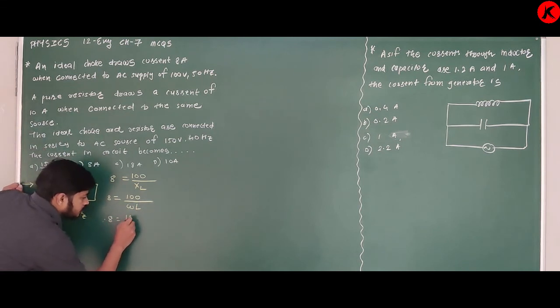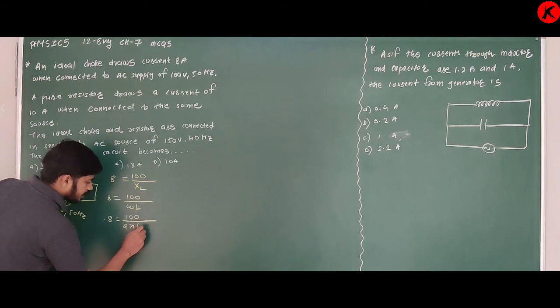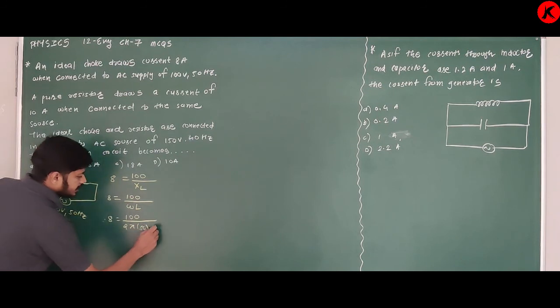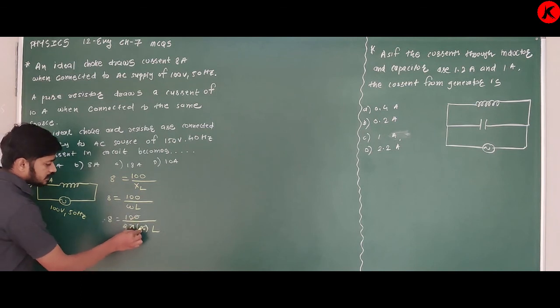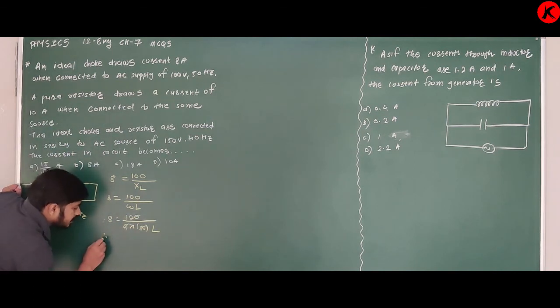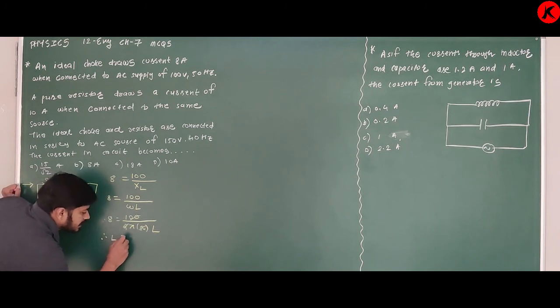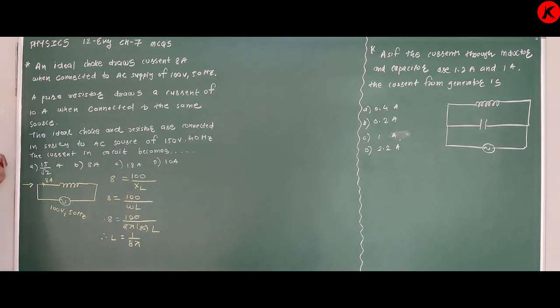So 8 is equal to 100 upon 2 pi, the value of f is 50, and here it is L. So 50 into 2, 100 cancels. If we make L the subject, L is equal to 1 upon 8 pi. From this first statement, I can write this.